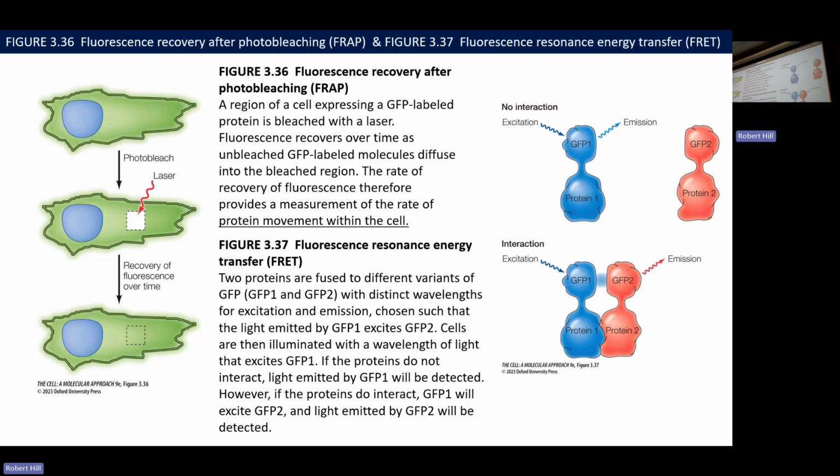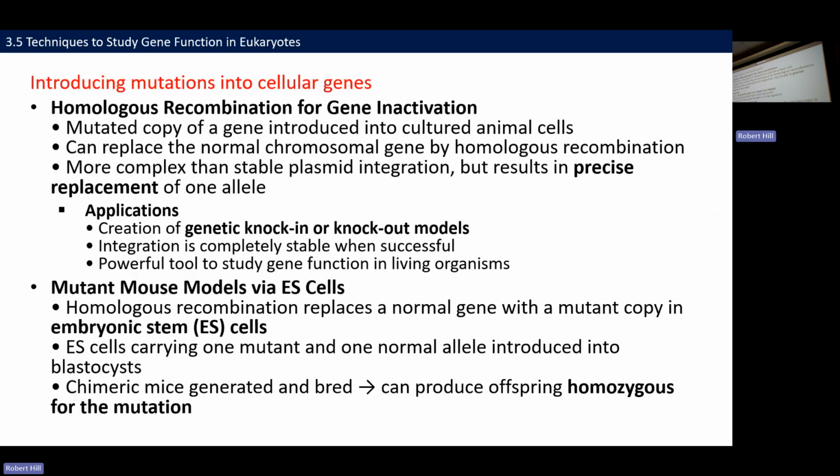Oftentimes these higher end cell sorters will use six of these fluorescent molecules, and you've got to sort all that out on a screen. It's very difficult to do. But yeah, if the proteins were interacting and you had the right series of fluorescent molecules to emit and excite, you could theoretically do that.